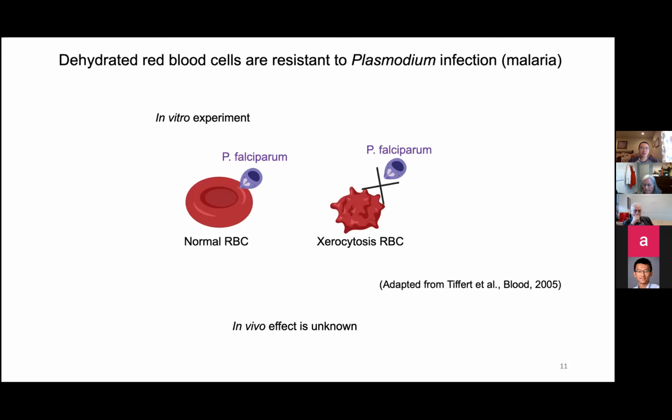Since the piezo-1 gain-of-function also causes red blood cell dehydration, we wanted to know whether this is true in vivo, whether the piezo-1 gain-of-function can also induce resistance to malaria. I think the gain-of-function model is a great tool to explore this.